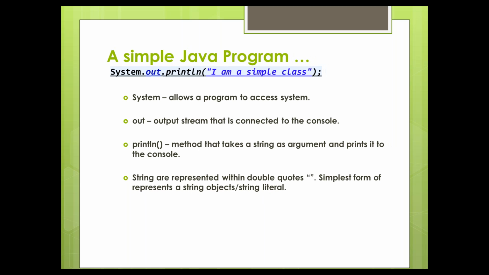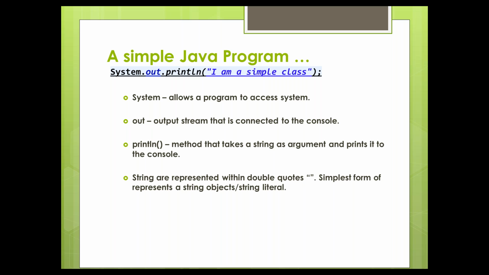The System class belongs to one particular package which we discussed, that is the java.lang package. One of the members of that class is out, which is of type output stream. We will see what these streams are when we get into IO. We attach this stream to the console to print this string, I am a simple class.